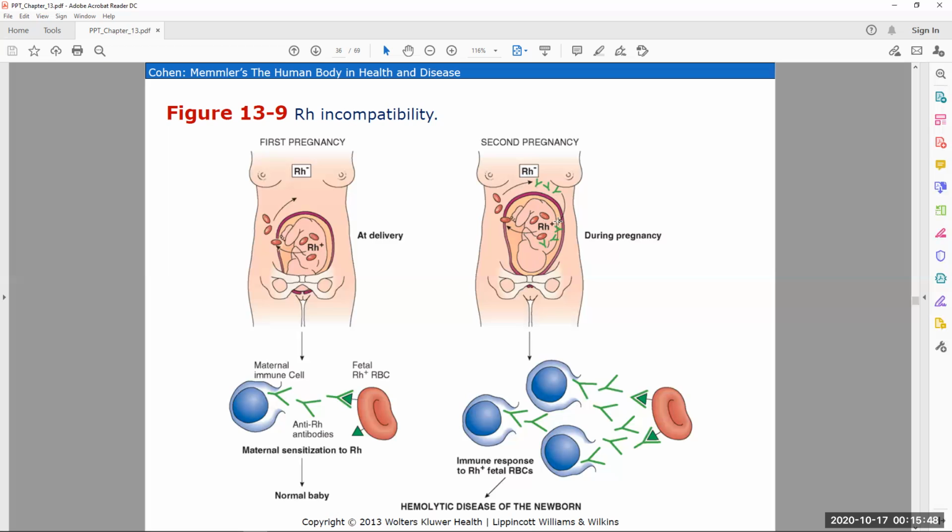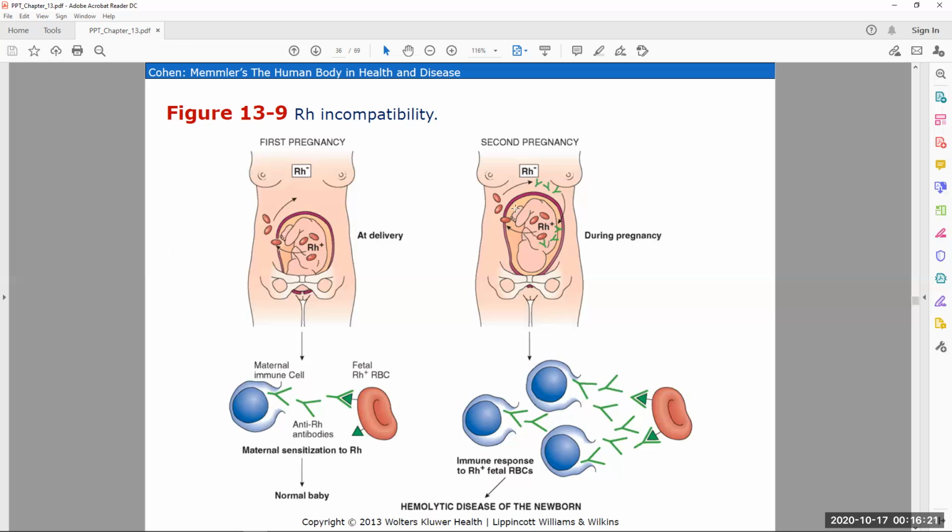They could cross the barrier and get into the fetal circulation because, as I mentioned, through capillary rupture or some type of trauma, you could have the mixing of the blood, and that leads to a problem, because now the mother's antibodies are recognizing the fetal blood as something alien and begin to attack it. All right, so this is hemolytic disease of the newborn.